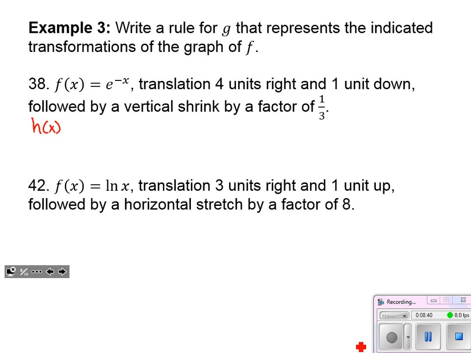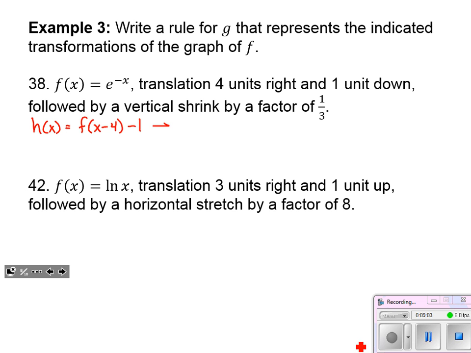I know I want to end up with g, but I've got to do one transformation, then another. So h of x is going to be 4 units right. So I'm going to take my function f, and I'm going to adjust the input by subtracting 4. That will shift it 4 units to the right. And then I will subtract 1 outside of the function. That will drop it down 1 unit.